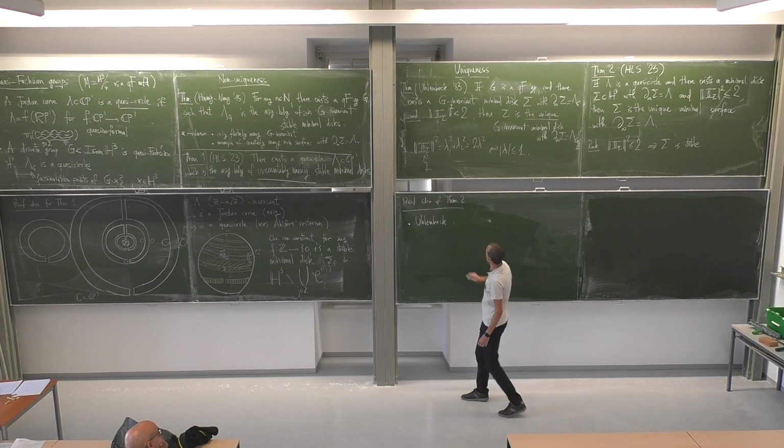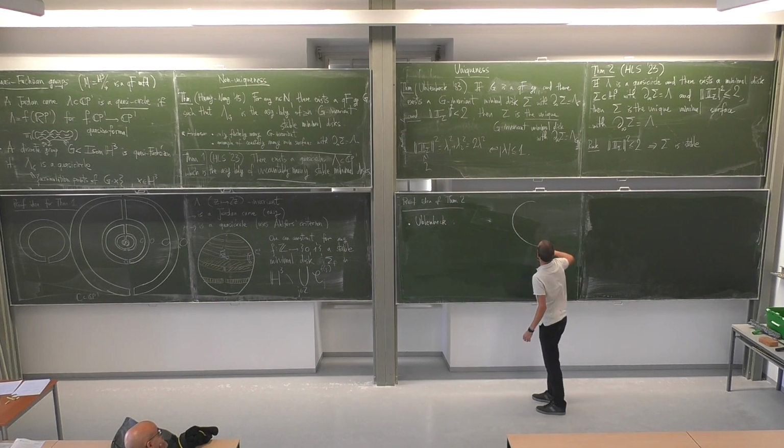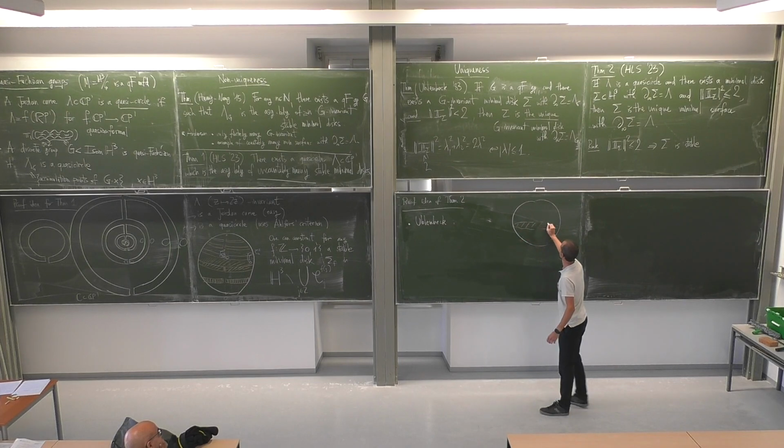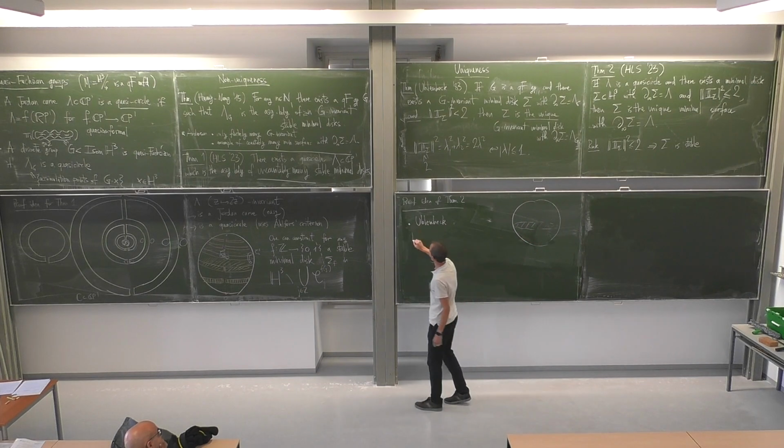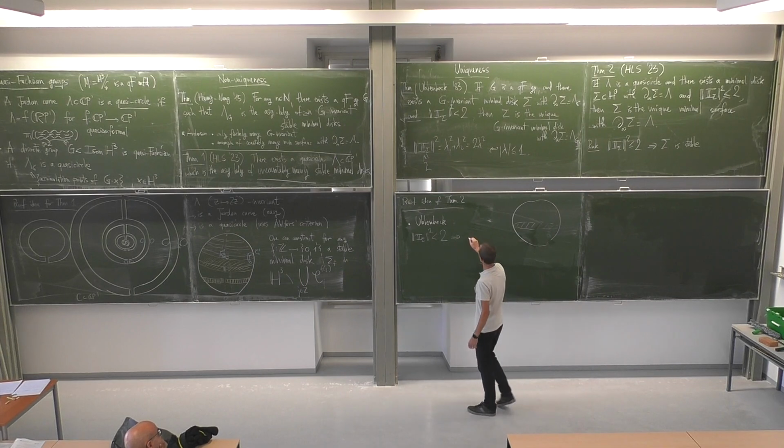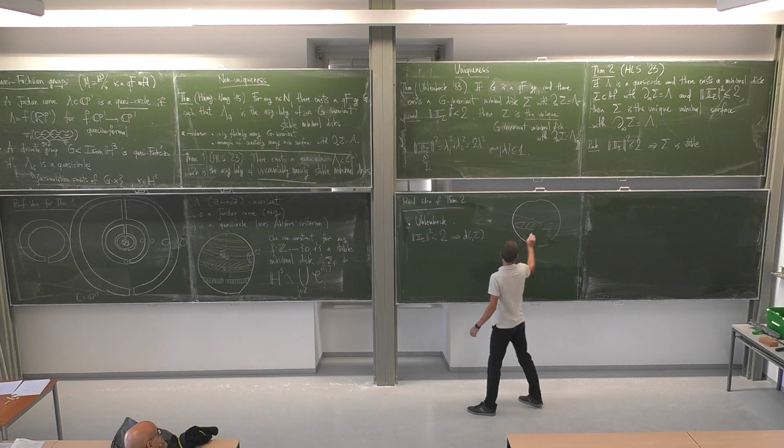In the G-invariant case, what Uhlenbeck observes is that if we have this condition of a stable disk, if we have this condition that the norm of the second fundamental form squared is less than 2, this implies that we can consider the sign distance function from sigma.